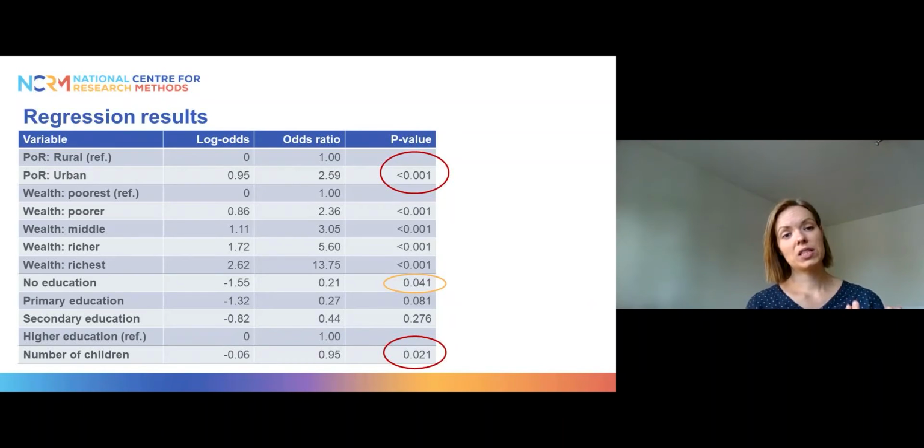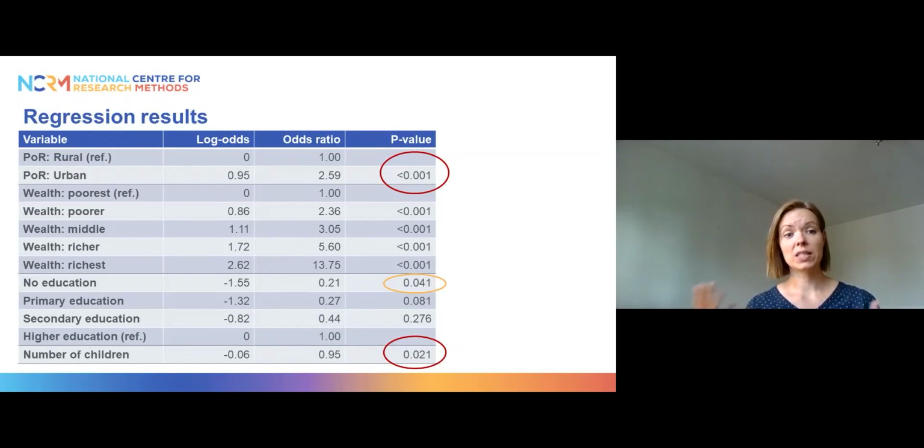However, if we wanted to look at wealth or education, we wouldn't be able to say just by looking at these p-values whether the dummy variable as a whole is significant, especially for education where we have a mix of large p-values and smaller p-values. So no education p-value 0.041, but then for secondary education 0.276.